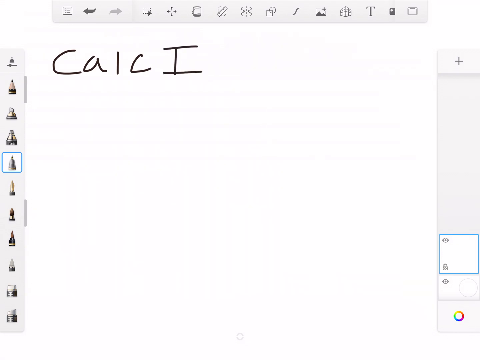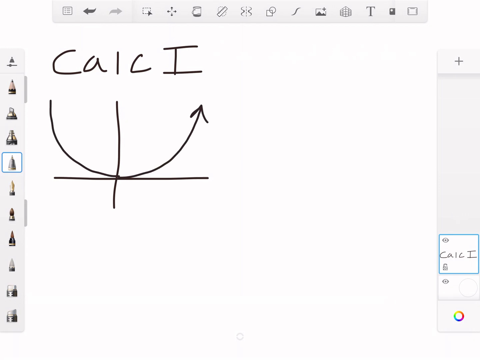Okay, so in Calc 1, you have something like this. I want to be a good teacher, so we'll label the axes. Supposedly that means you're good or something. So there's f of x equals x squared.